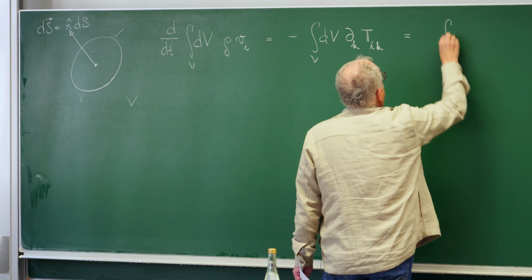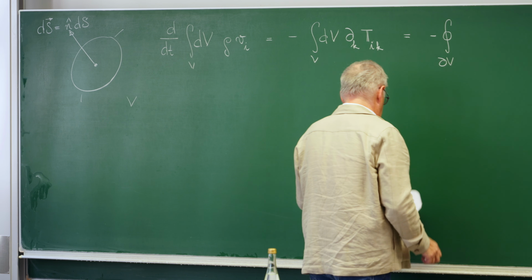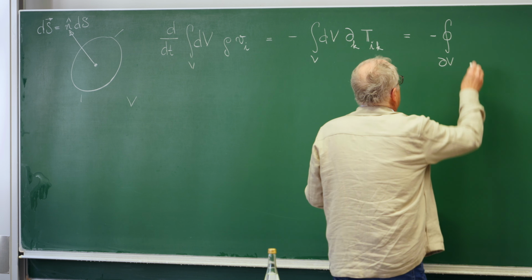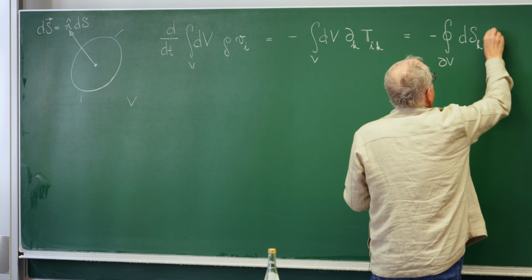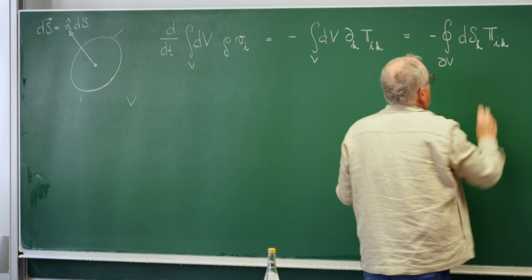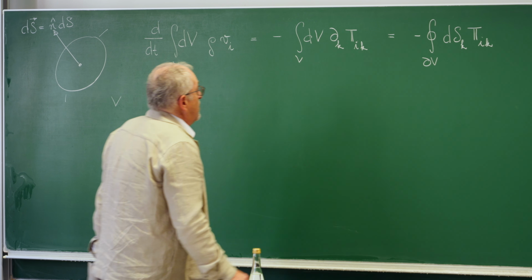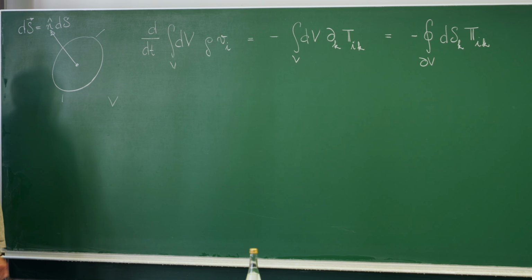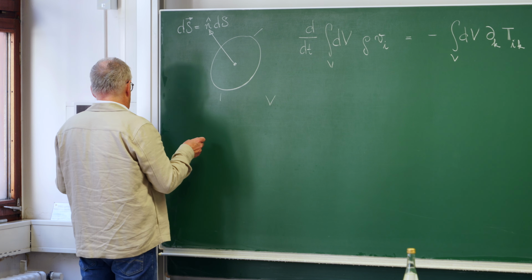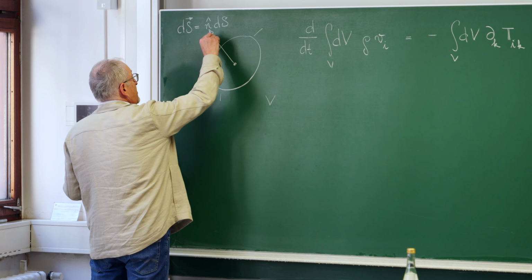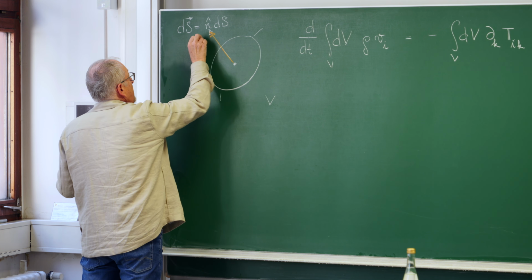Then this becomes an integral over the boundary of my sphere, dS_k Π_ik. And now let's visualize that. So what we have here is the surface normal. Let's say this is our normal vector, and let's call this n.